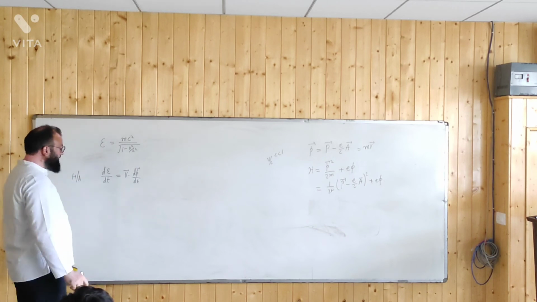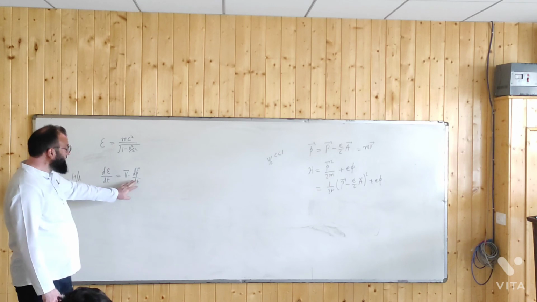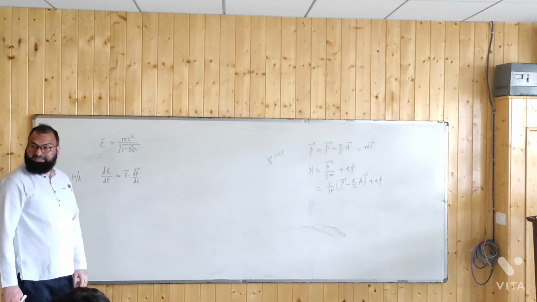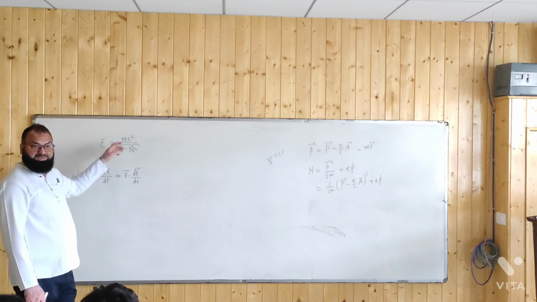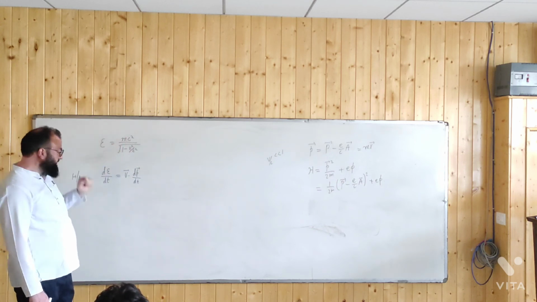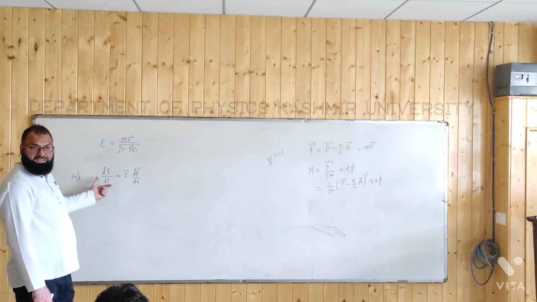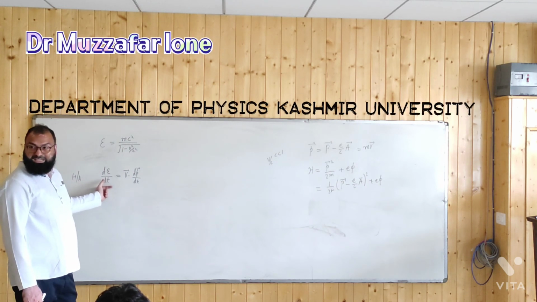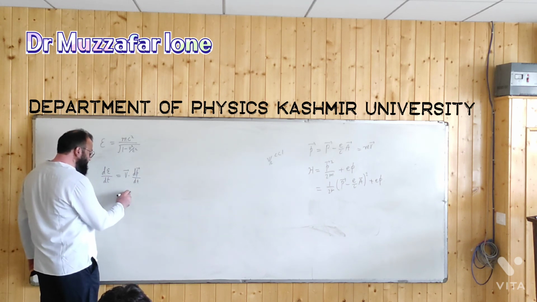So the rate of change of the energy is simply equal to v dot dp by dt. Clear? So in absence of the field, I am simply taking the rate of change of the mechanical part of the energy. What will this give me? It's simply the work done. Rate of change of energy is the work done, is it? Samajh? Now what is our dp by dt if you are in an electromagnetic field?